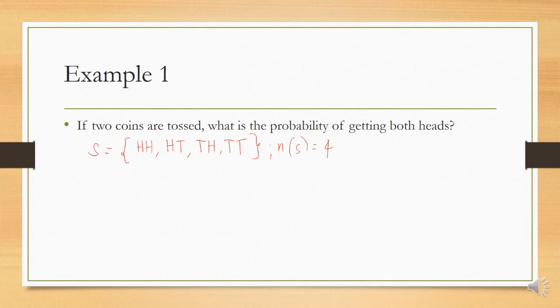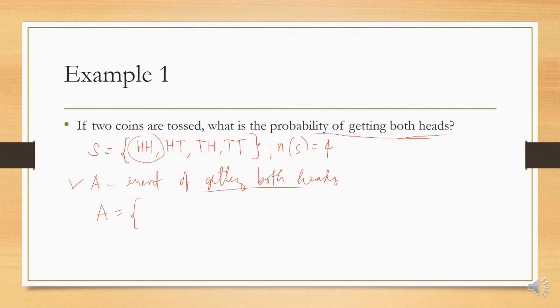Now, our event A is the event of getting both heads. It is very important for you to write this down in your solution so you don't get confused. Here there is only one question, but in other problems there can be two or three, so you should identify what A is, what B is, and what C is. Now, for our event A, both heads was discussed.